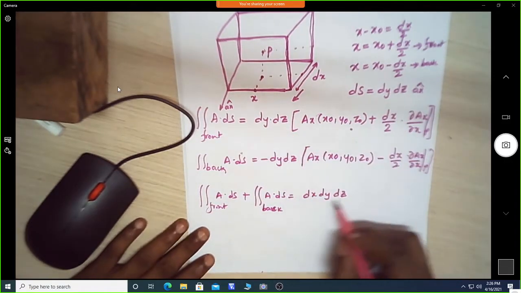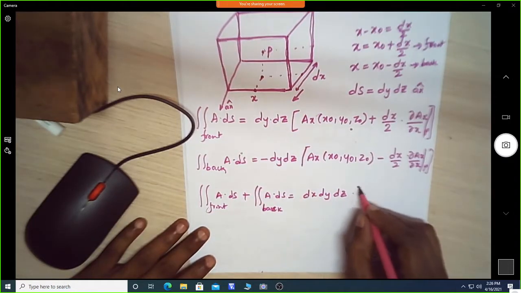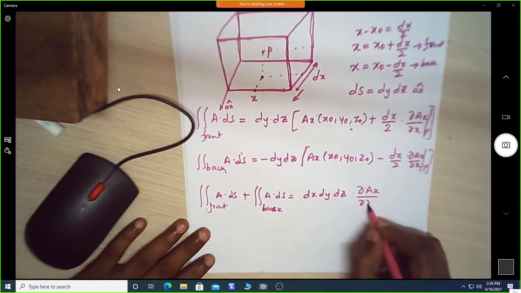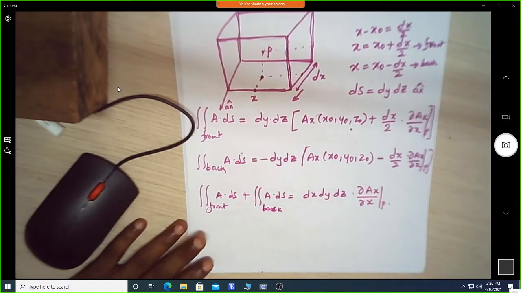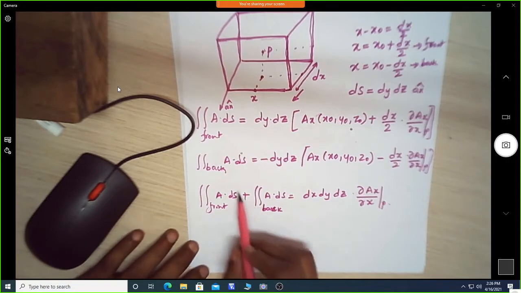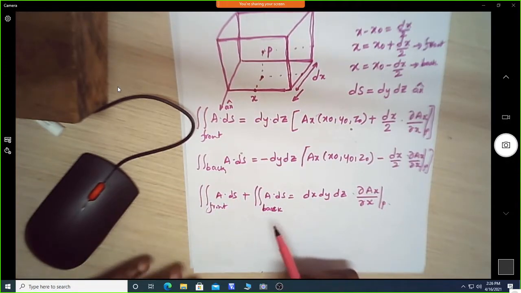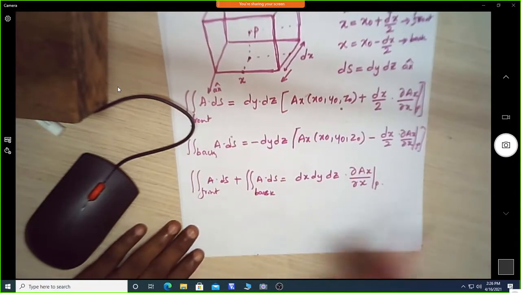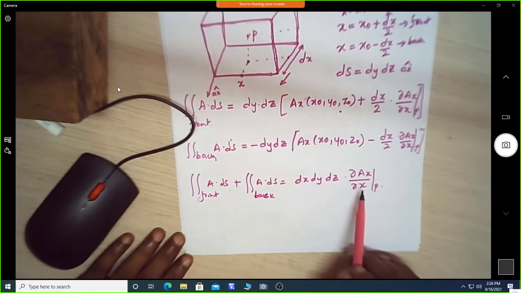Along with this, we have del Ax by del x at point P. This is the A dot ds, the surface integral of the front and back surface.